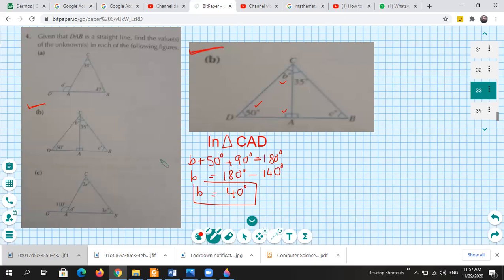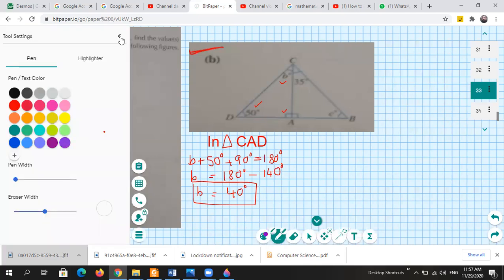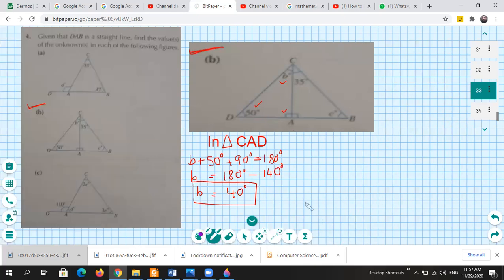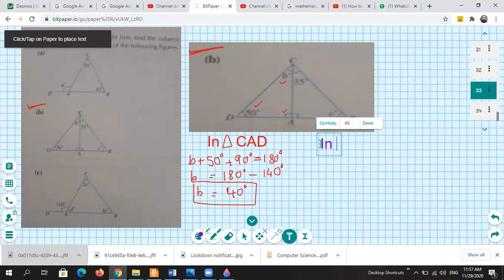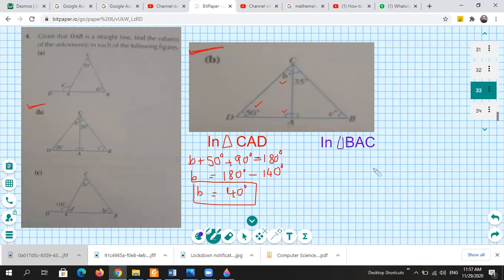Okay, now I'm trying to solve the second one, triangle BAC. The first angle is C, this one, and then 35 in this triangle, and the third one is 90.